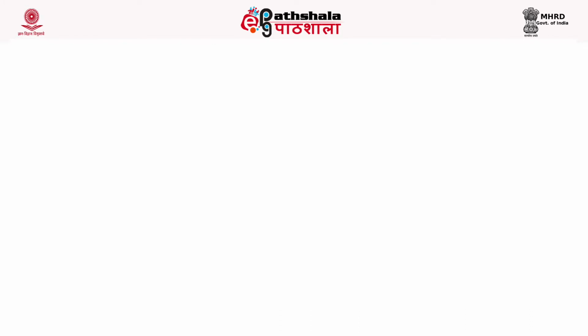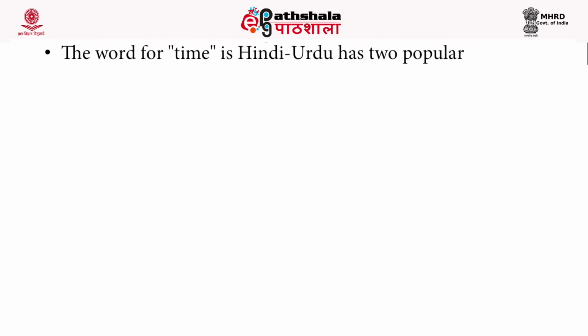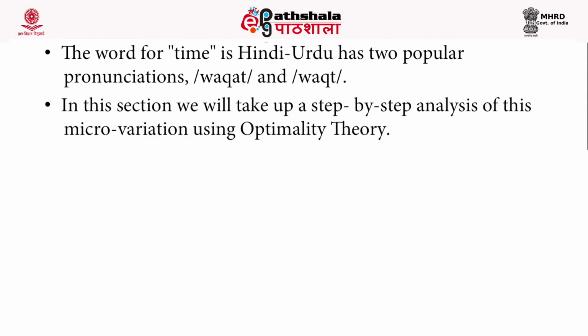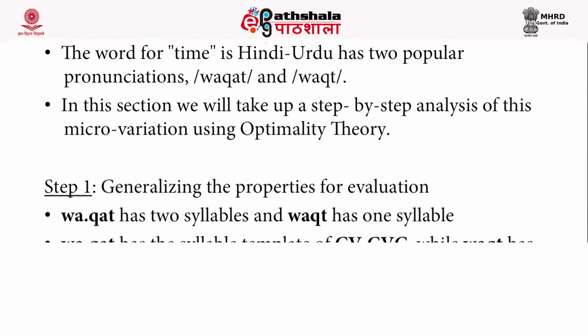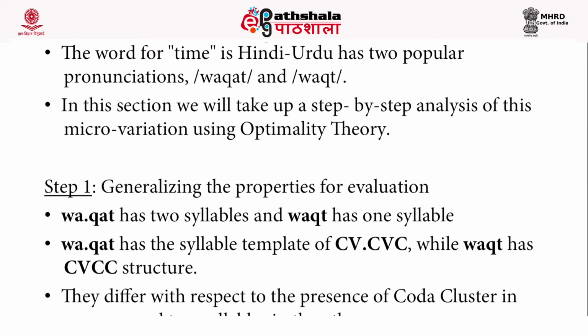Now we are going to do a step-by-step analysis, as I already mentioned. Let us take an example from Hindi-Urdu, which has, for the word time, two popular pronunciations: waqat and waqt. What is the first step? The first step is to generalize the properties for evaluation.